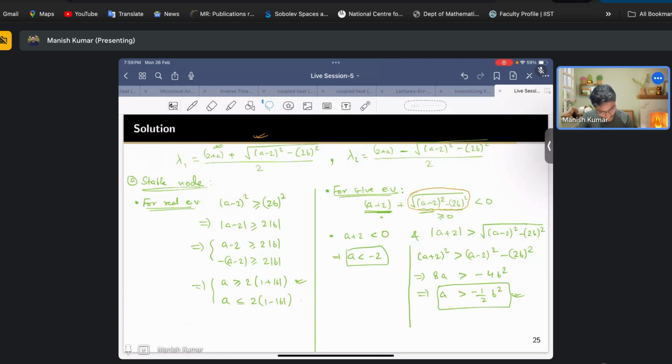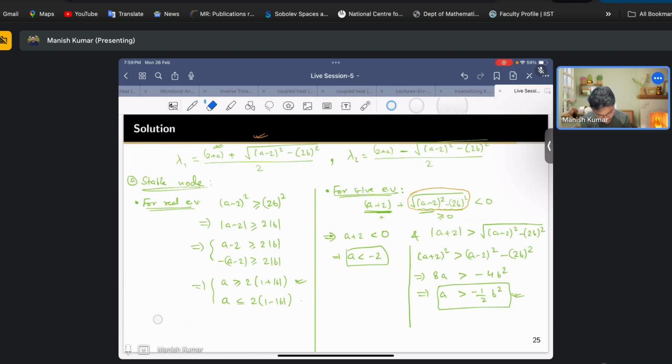Okay, so look at this point. If I combine this up, what I am getting is 2(1 minus mod b), just a second, a greater than, so here let's look at the lower one.